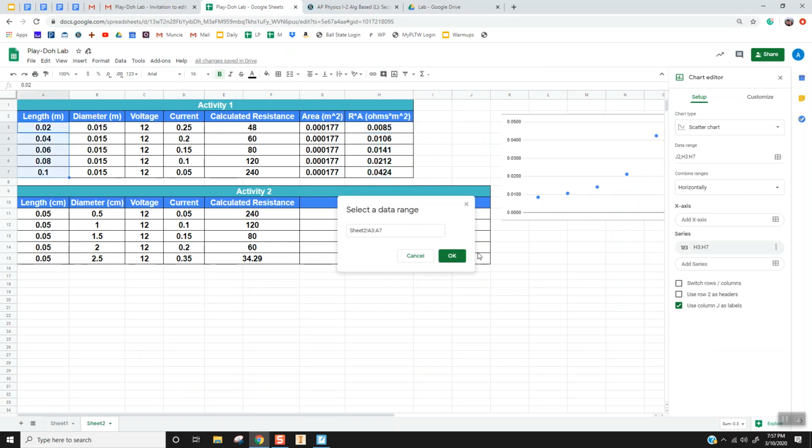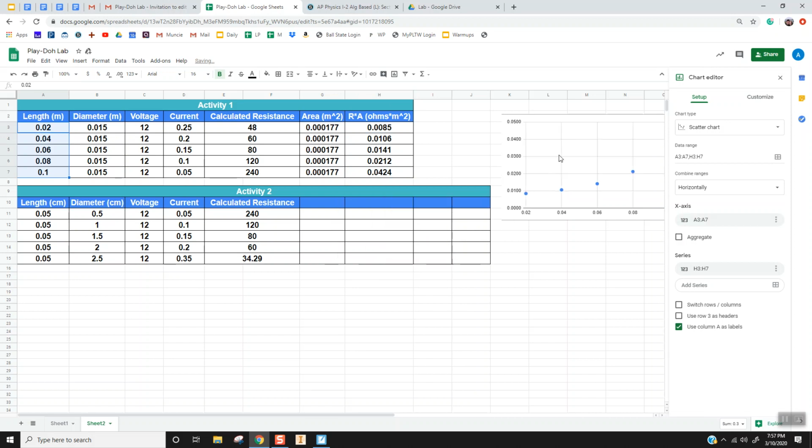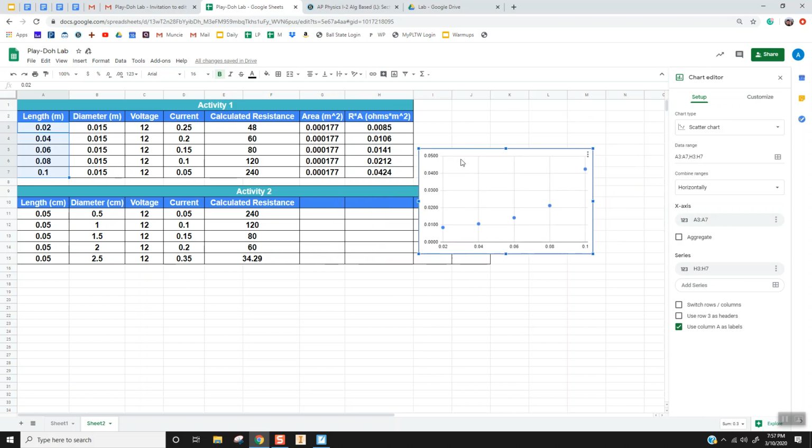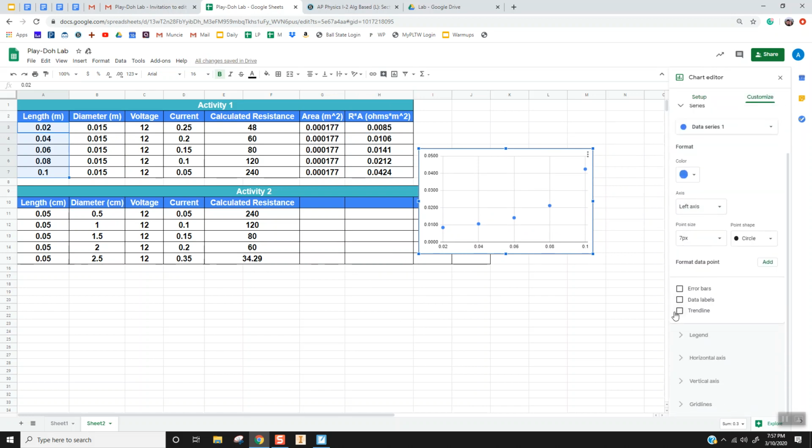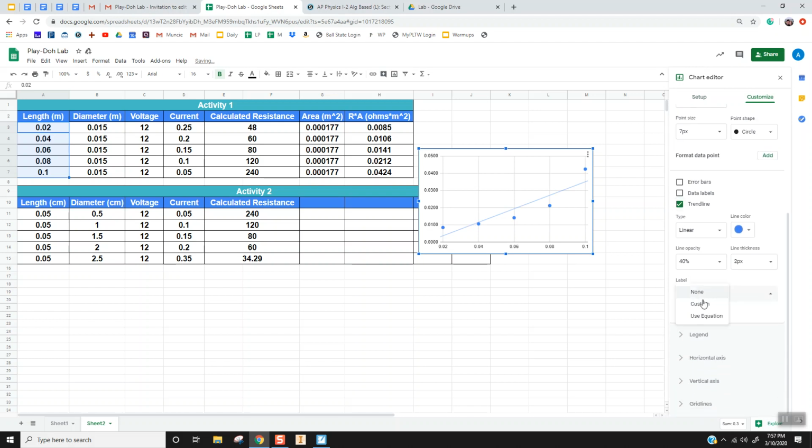So the length of my Play-Doh. And what we can see here is that so far we've got some pretty linear data, which is what I was expecting. And so we're going to add the trend line, use equation, and let's go ahead and throw in the R value there while we're at it.